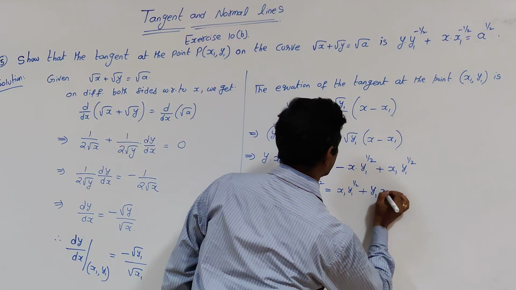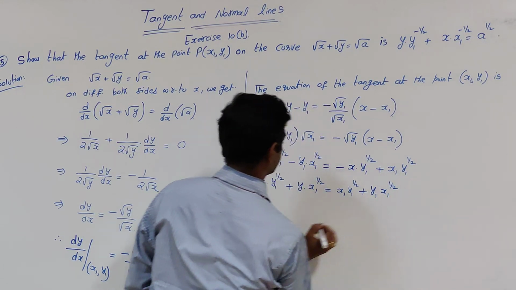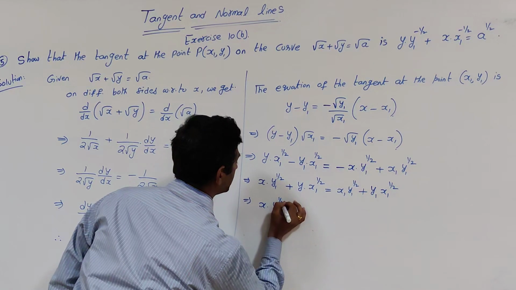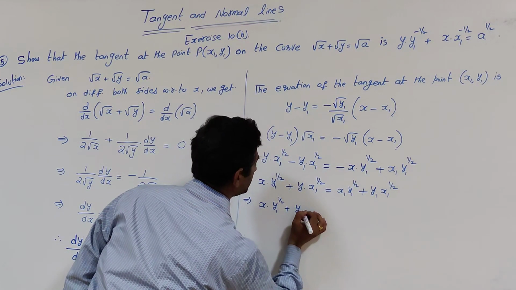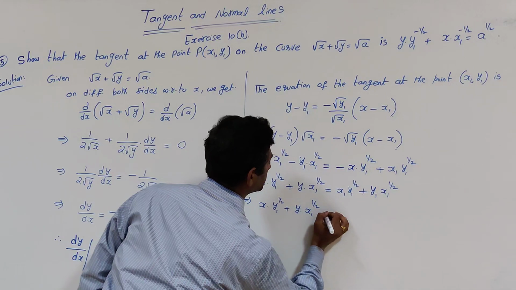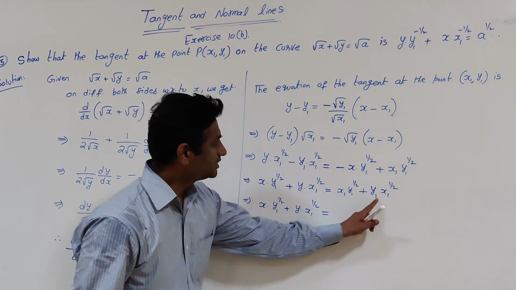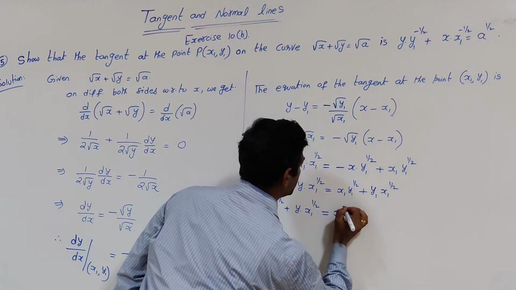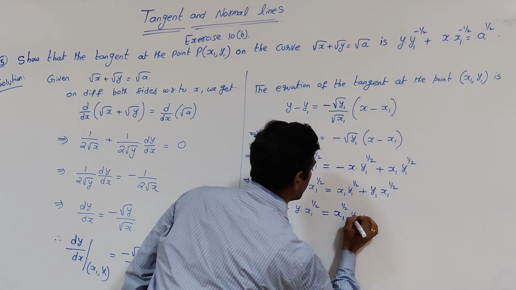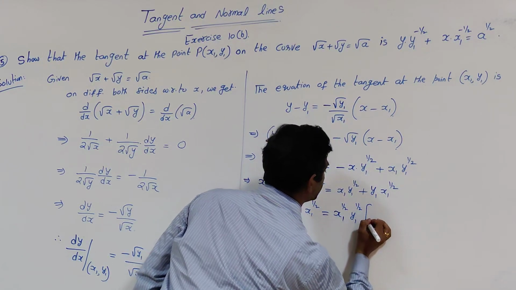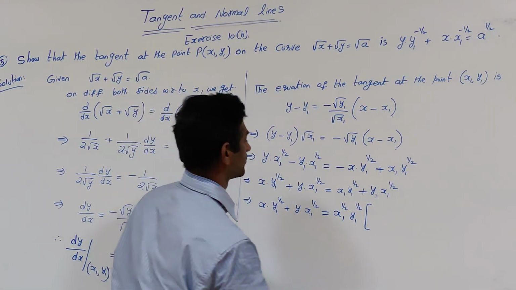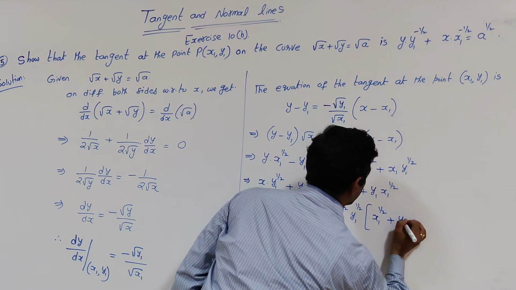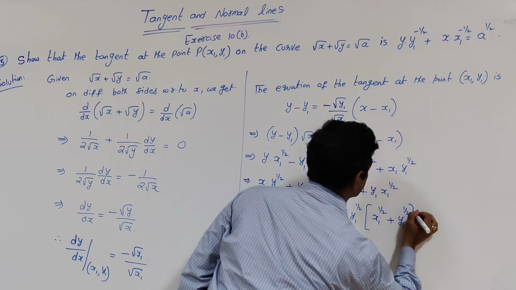So x into y1 to the power of 1 by 2 plus y into x1 to the power of 1 by 2 is equal to, if we take x1 to the power of 1 by 2 and y1 to the power of 1 by 2 as common from these two, x1 to the power of 1 by 2 plus y1 to the power of 1 by 2.